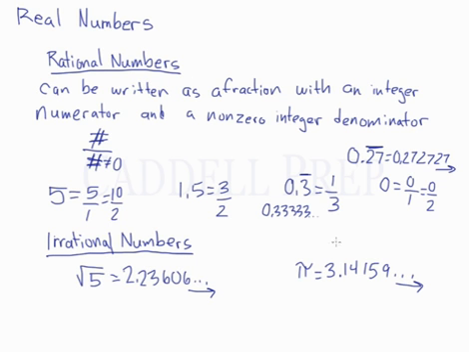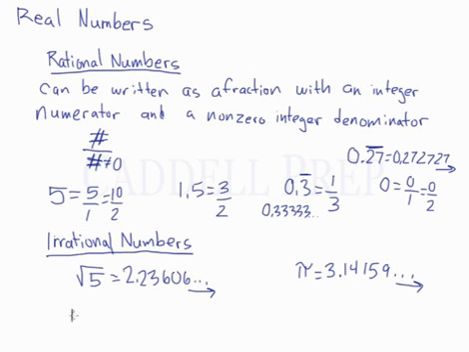If it just goes on forever with no pattern as far as repeating, it's irrational. So you can tell quickly if a number is rational if it's a whole number, or a decimal that ends, or a decimal that repeats. Irrational numbers are numbers with decimals that do not end.